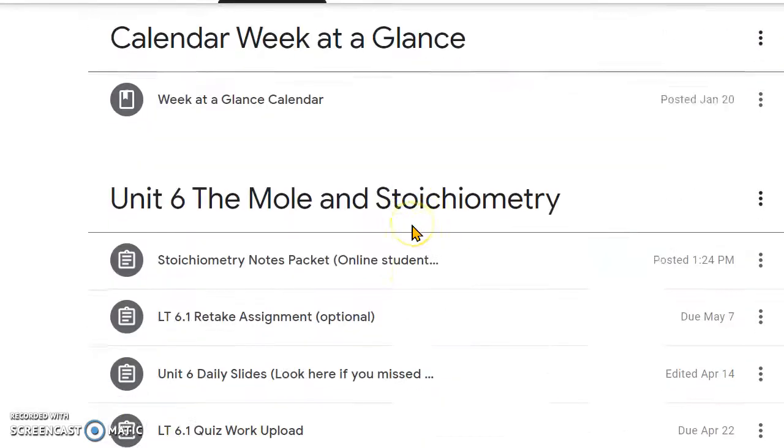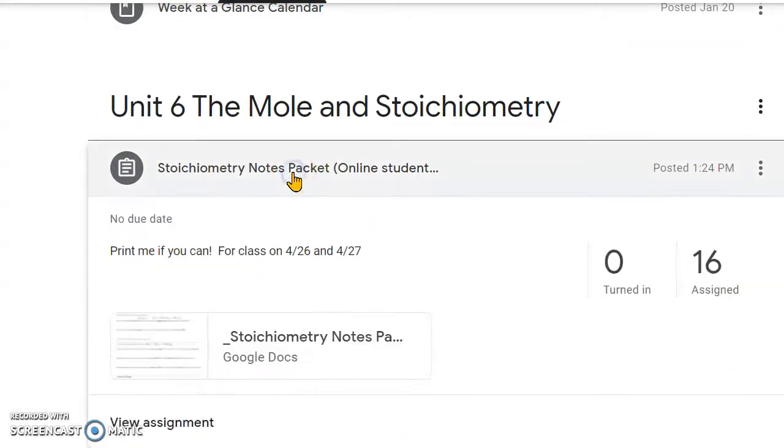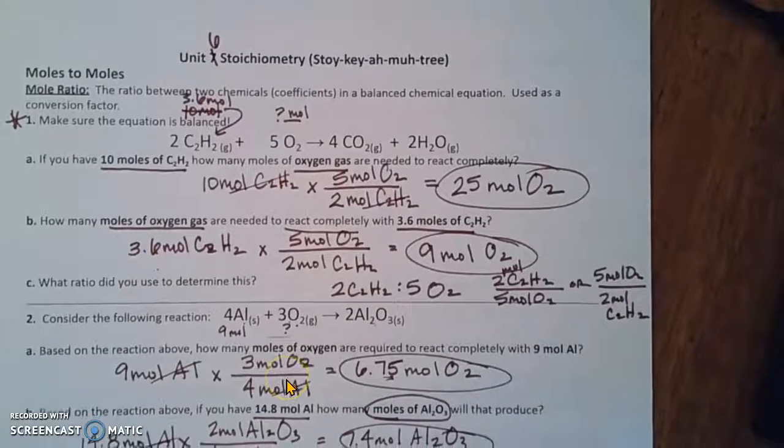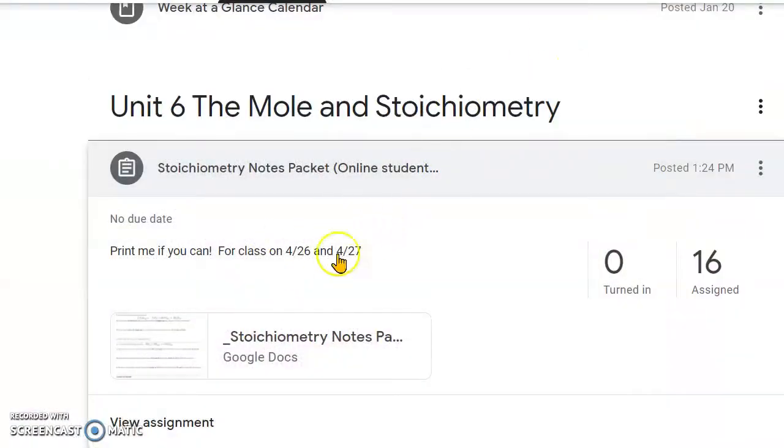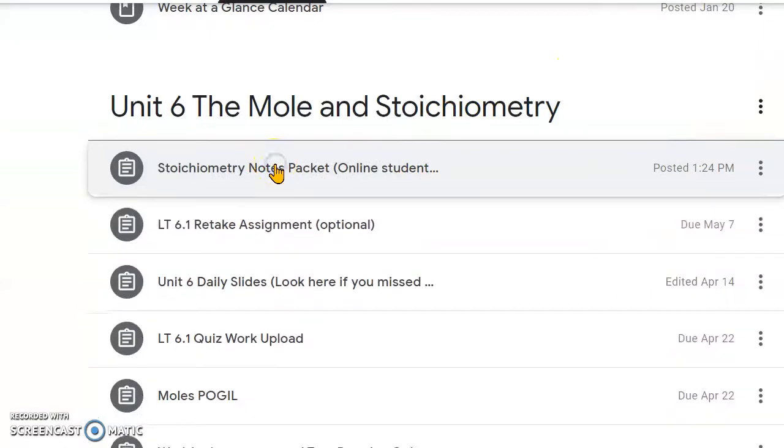So let me explain what you need to upload to Google Classroom. Here under the Stoichiometry notes packet, you're going to take a picture of this and upload that to the Stoichiometry notes packet.